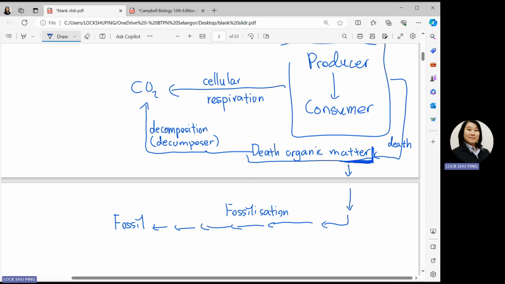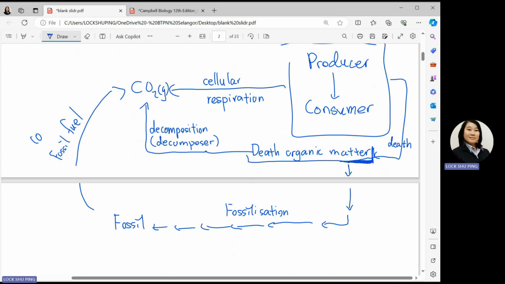This kind of fossil can only return carbon dioxide to the atmosphere if humans dig out the fossil, make it into fossil fuel, and then burn it.